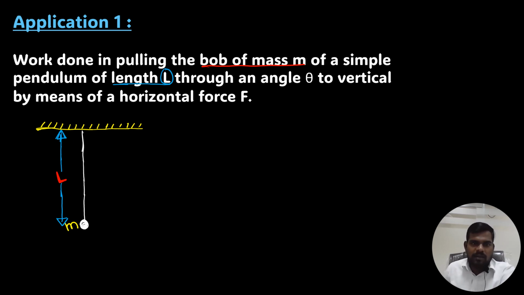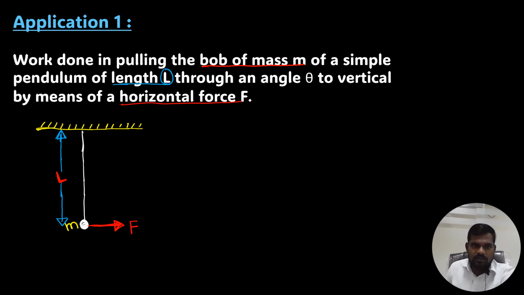So what is happening after that? Work done in pulling the bob, by means of a horizontal force. We are applying the force like this. If you pull this object in the horizontal direction, the bob will move upward.